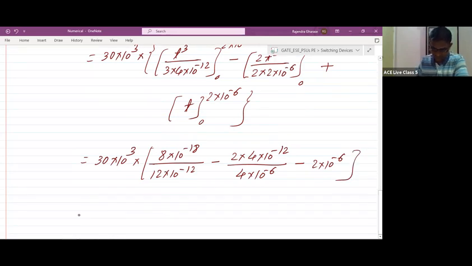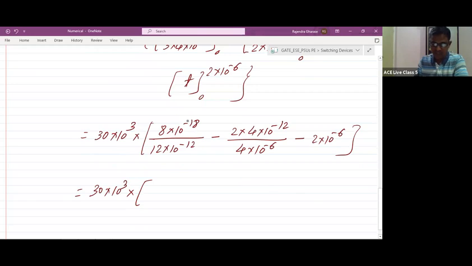Now we can write it as, which is equal to, yes, here you can check 30 into 10 to the power 3 into, yes, 10 to the power -12, 10 to the power -18. So that will be like a 10 to the power -6 only. Okay, so 8 by 12, we can write it as 2 by 3 into 10 to the power -6 minus 4 will get cancelled out. So that will be like a 2 into 10 to the power -6 minus 2 into 10 to the power -6, right?